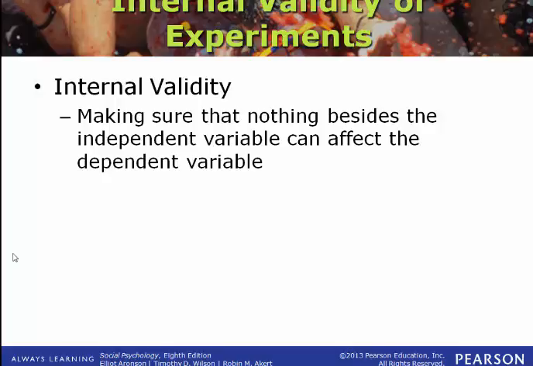Now, it's very difficult to try to control for everything to make sure that my independent variable is the only thing influencing the dependent variable. And think about all the other things that could influence aggression. So maybe we have naturally aggressive personalities or temperaments. Gender is one thing that influences aggression, right? Boys are more likely to be aggressive in certain ways than girls. So there are a lot of things.